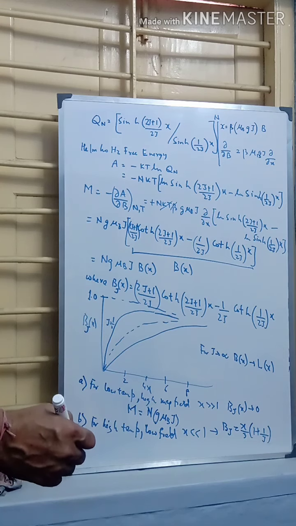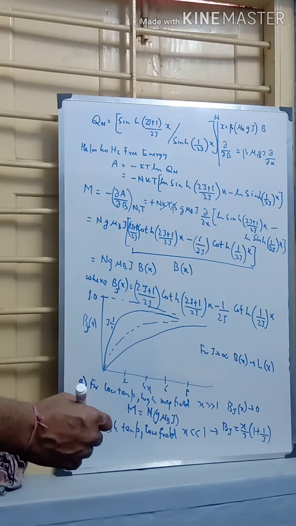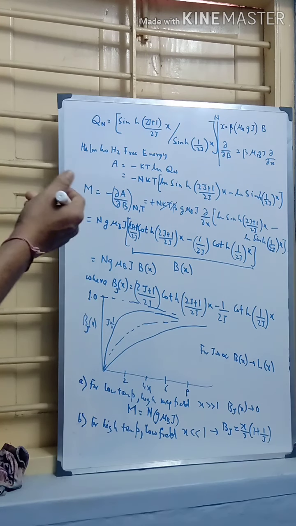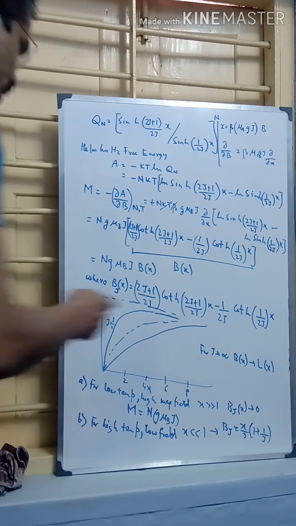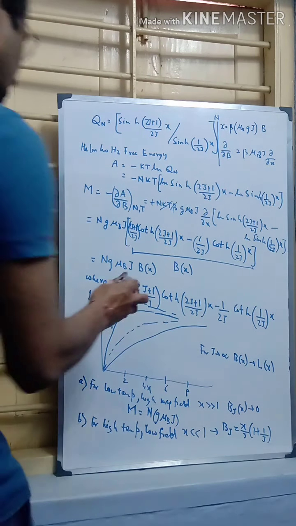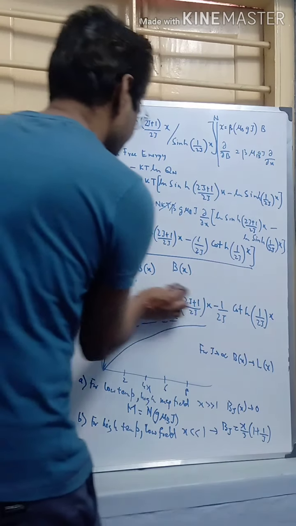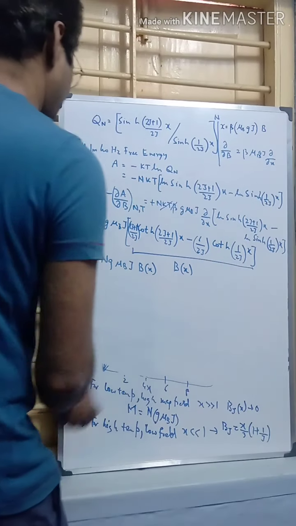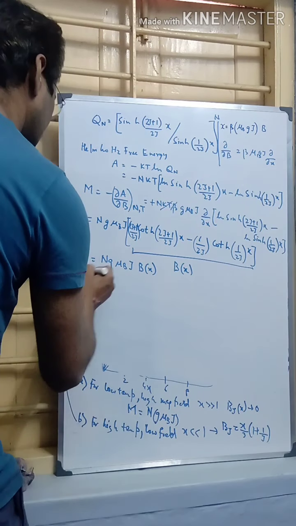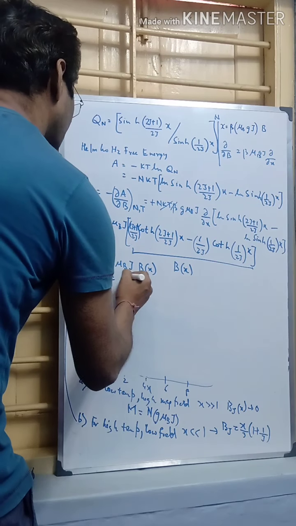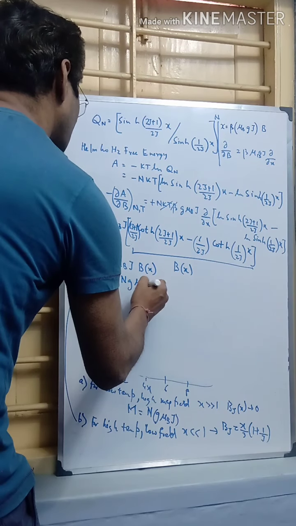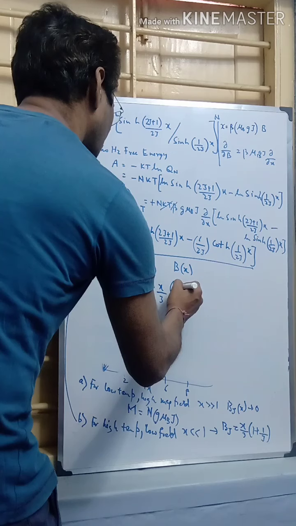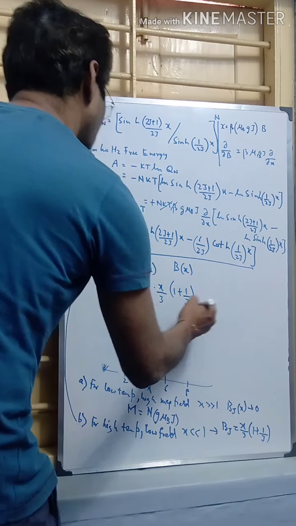If that be the case, we can just derive the value and put it over here. For case B, M would be equal to N g mu_B j, and B_j is replaced by x by 3 into (1 plus 1 by j).